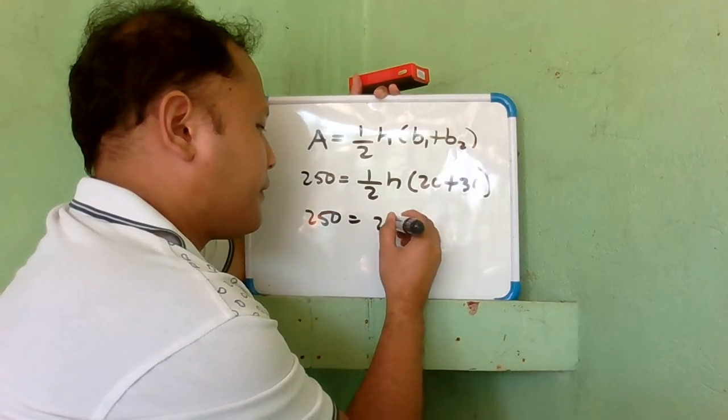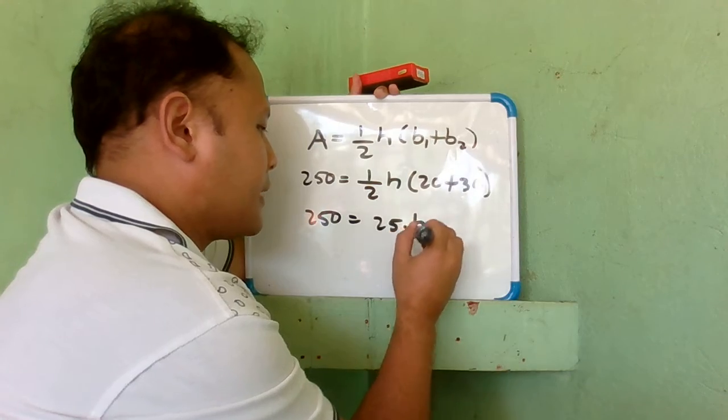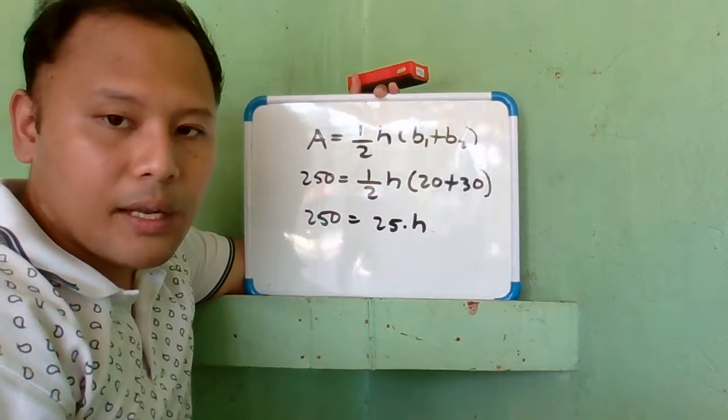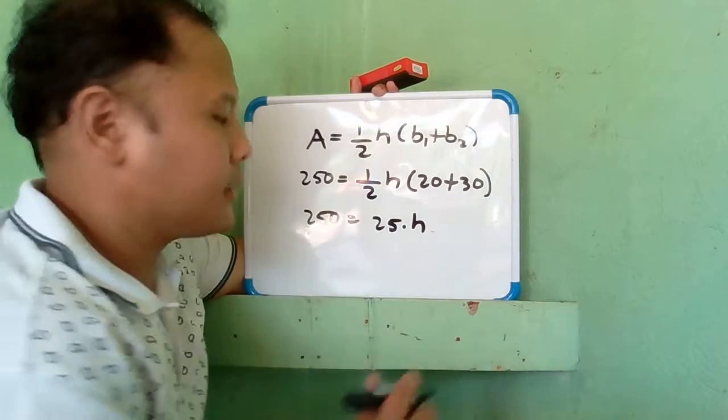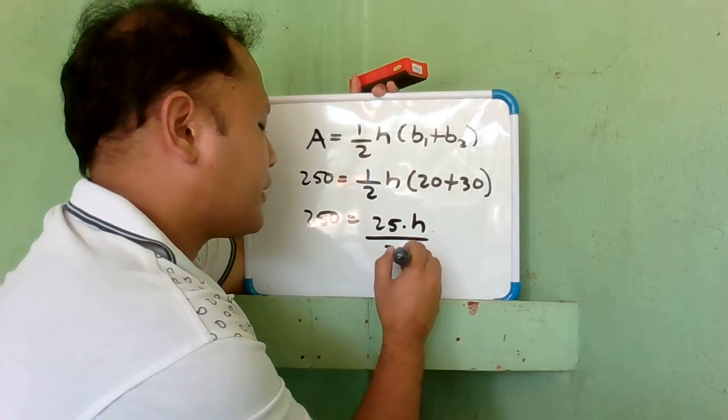So 25 times h. And because we want to solve the value of height, we need to divide both sides by 25.